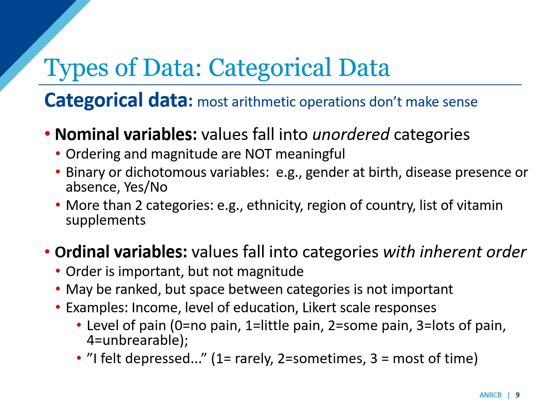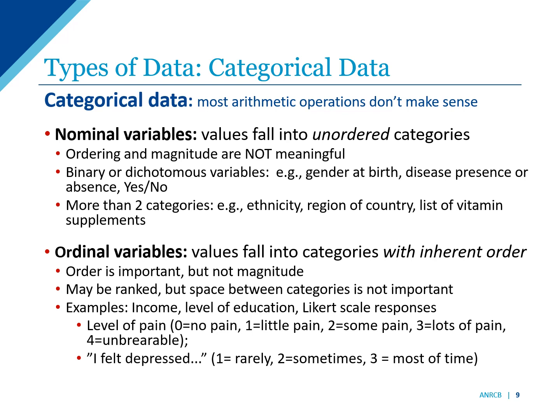Examples of variables with more than two categories are ethnicity, regions of a country, or lists of vitamin supplements. For all of these variables, the order doesn't matter, and none of the categories are greater or lesser than another.